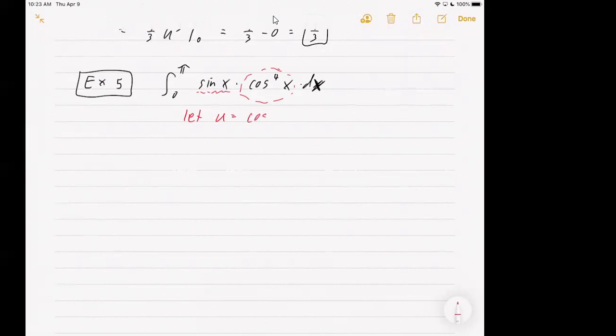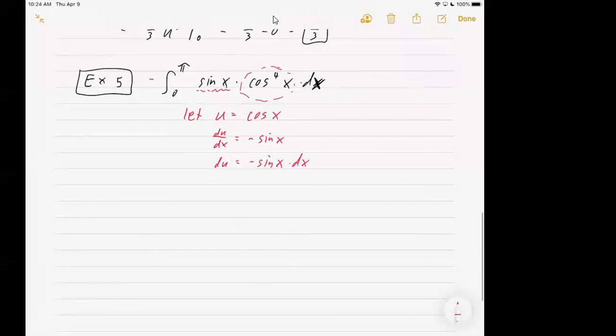So let u equal the cosine of x. Therefore, du/dx is the negative of the sine of x. So du would be the negative of sine x dx.